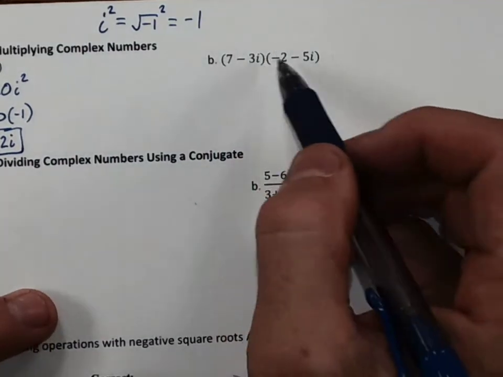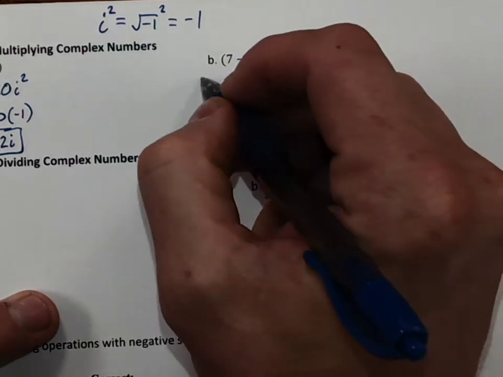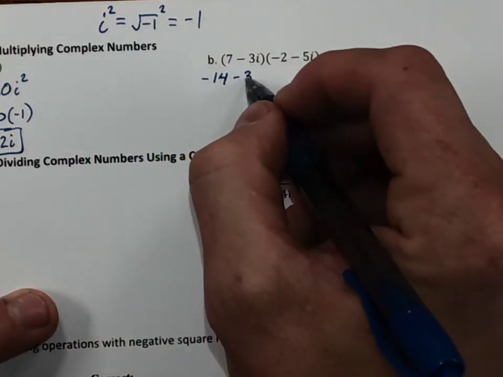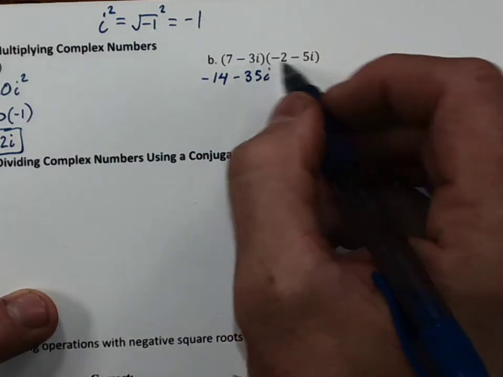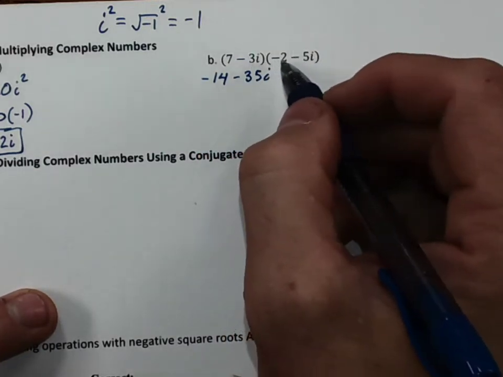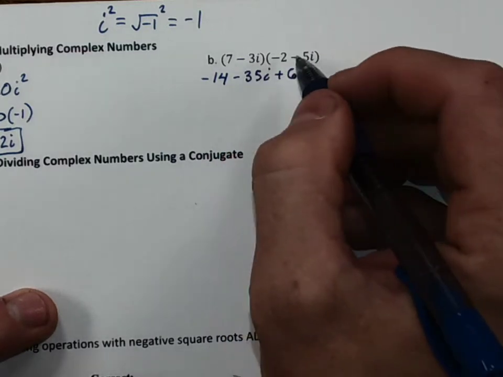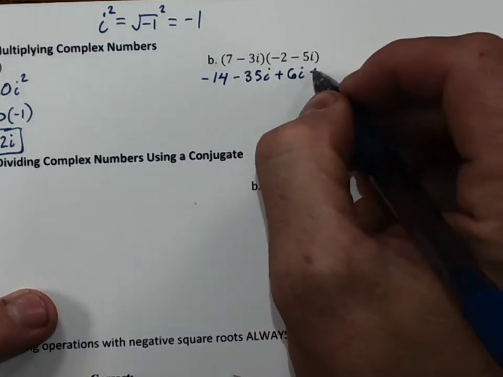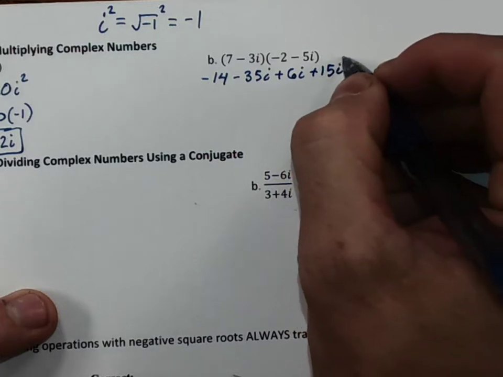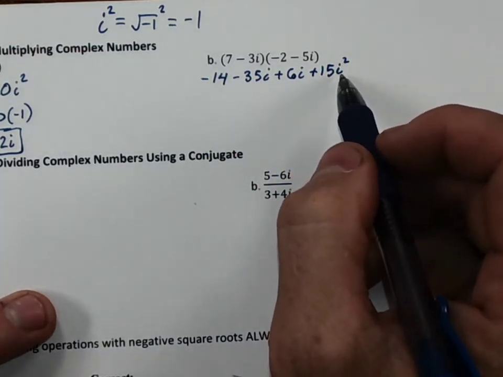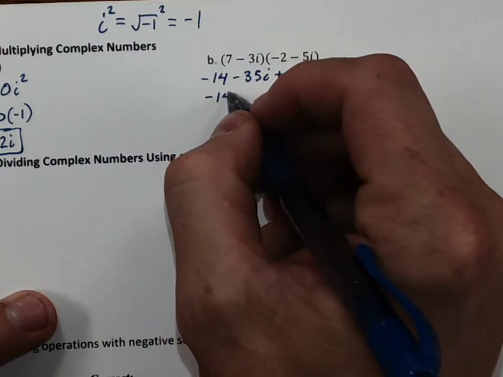Then we go over to this one. We're going to have to double distribute. So 7 times negative 2 is negative 14. 7 times negative 5i is negative 35i. Distribute negative 3i. Negative 3i times negative 2 is positive 6i. And a negative 3 times a negative 5 is a positive 15i squared. Again, I'm going to replace i squared with negative 1. So I have negative 14.